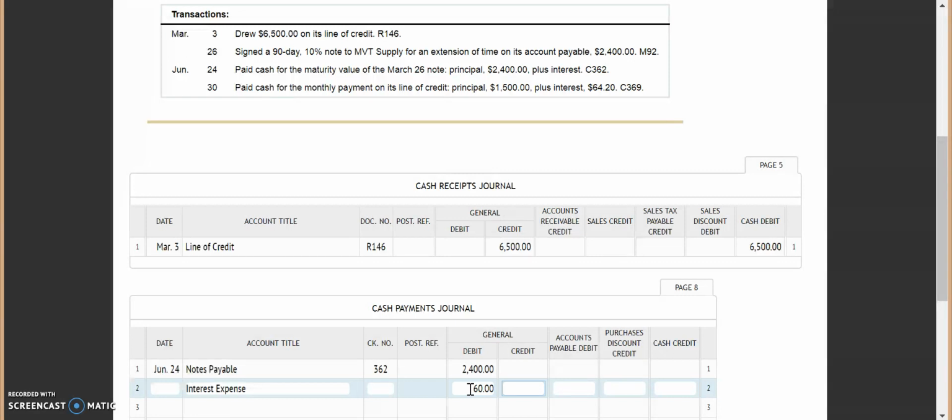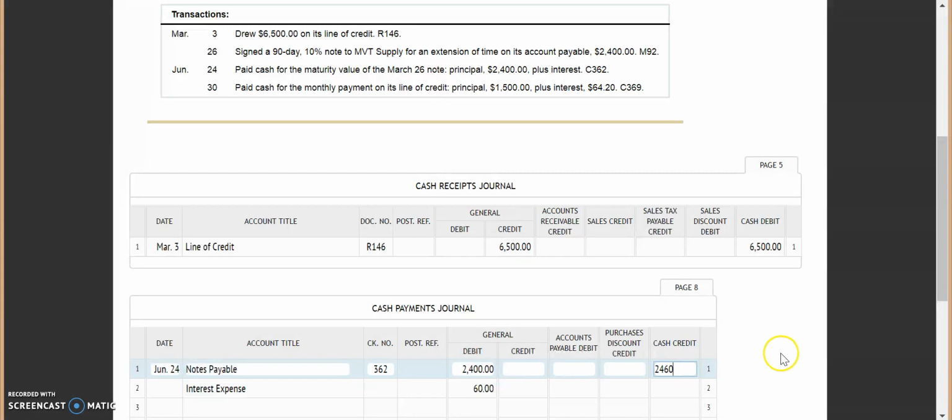If it helps for you to write that down in order to find your interest, you could certainly do that. So then the total cash credit when we pay off both the note payable and our interest is $2,460. So that's how we do the June 24th one.